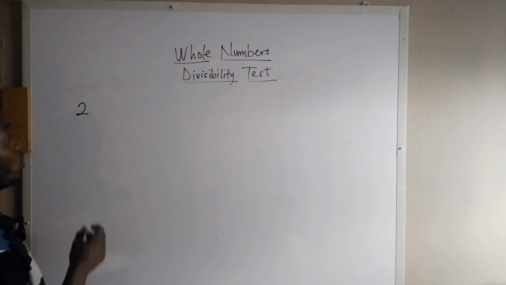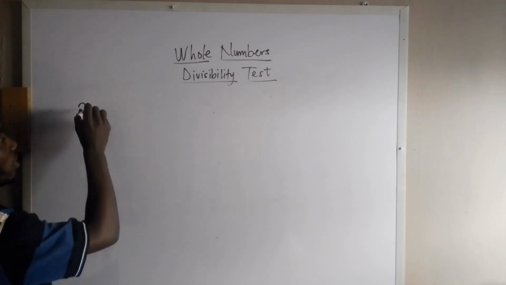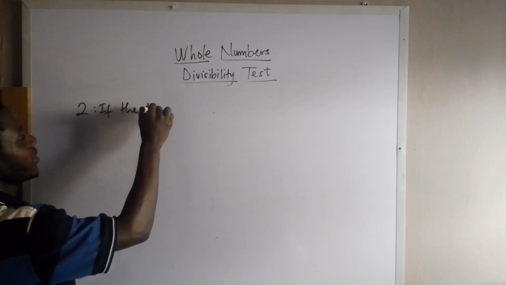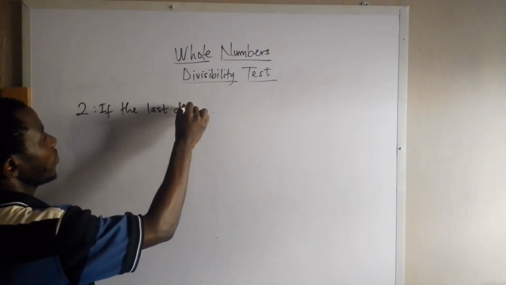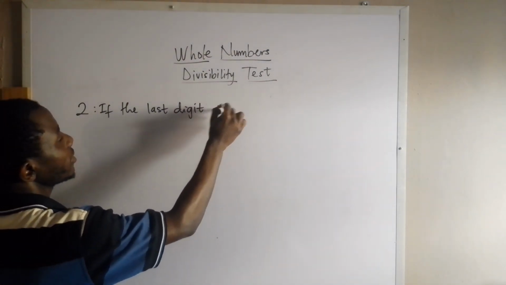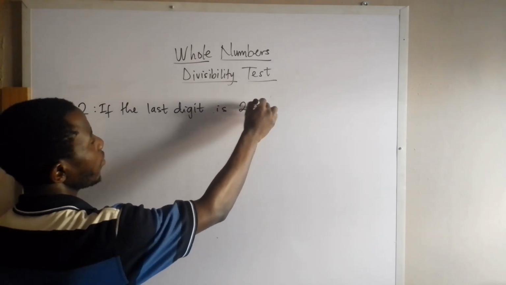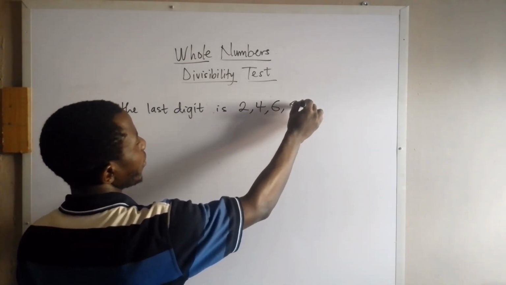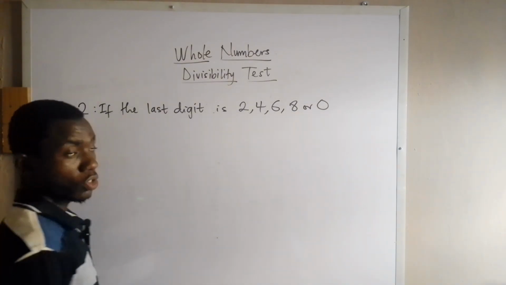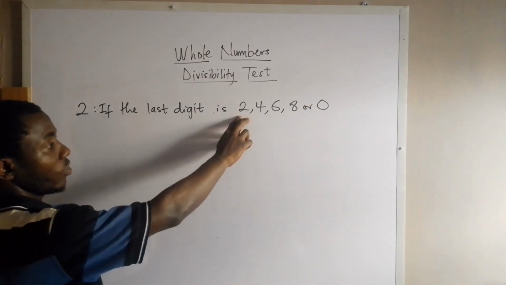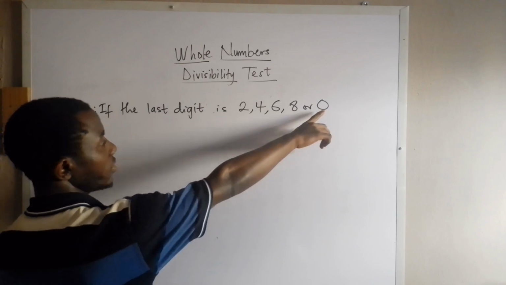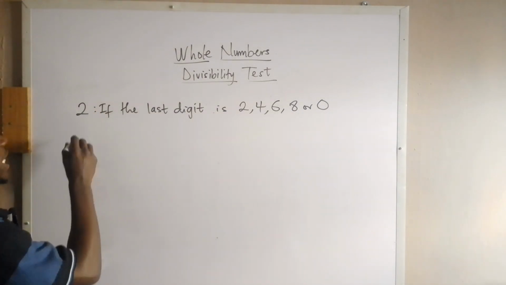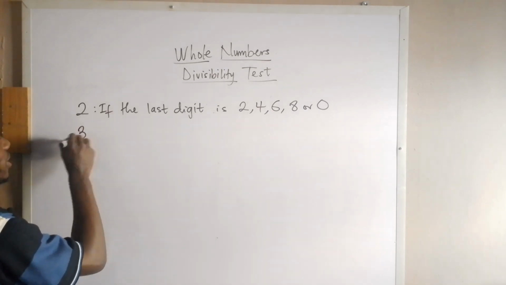A number is said to be divisible by 2 if the last digit in that number is 2 or 4 or 6 or 8 or 0. So simply we can say if the last digit in the number is even or 0, then that number can be divided by 2.